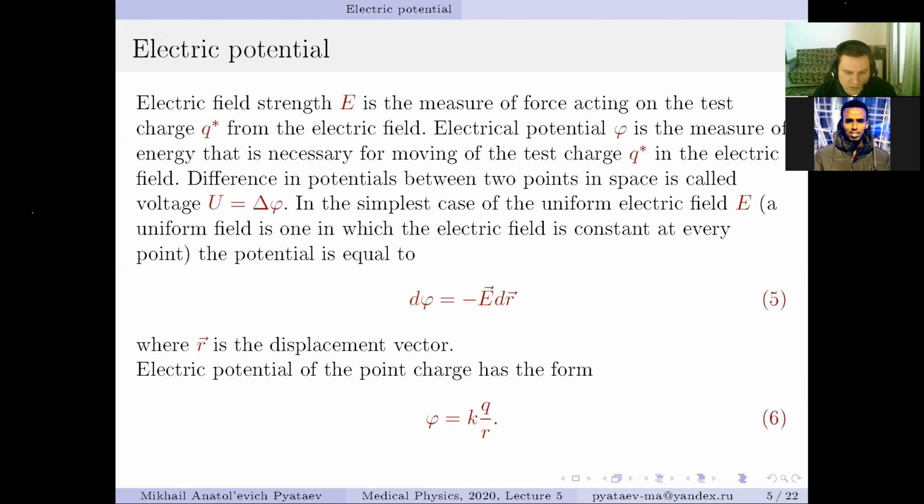It makes sense because at infinity there is no interaction between two particles. That's why it would be good to say that phi equals 0 at infinity.